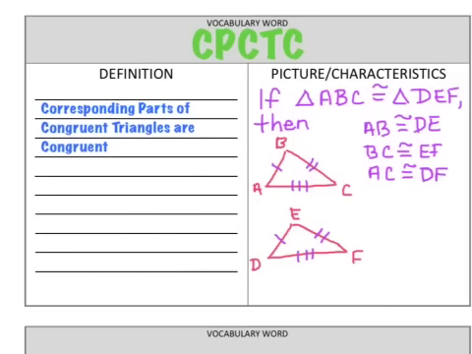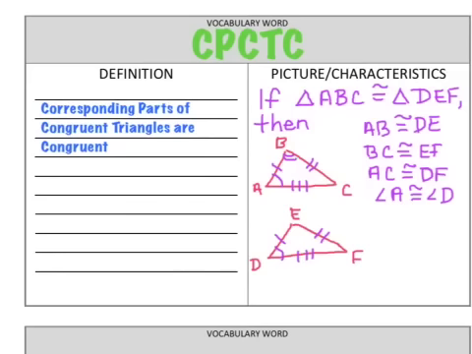Well, there are other parts of this triangle. There are actually angles inside the triangle. So angle A would have to be congruent to angle D. And I'm sure you can come up with more.